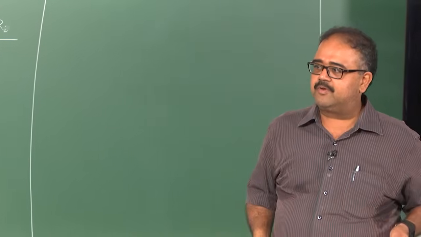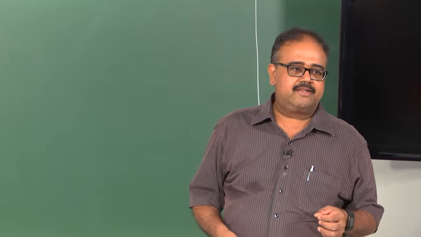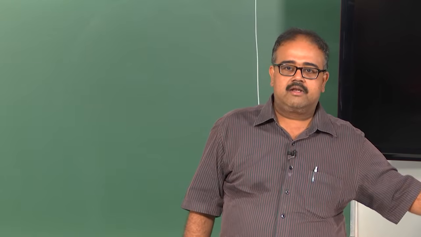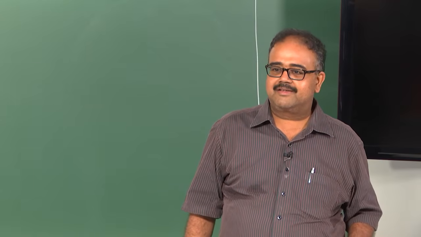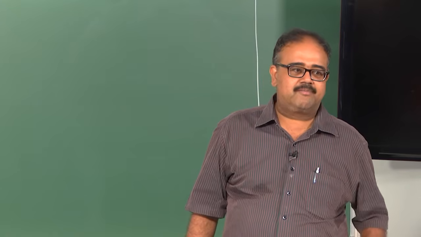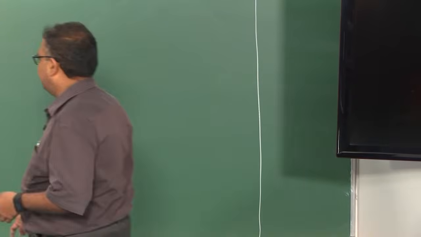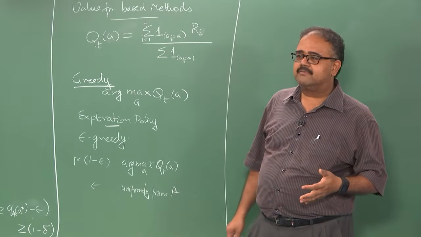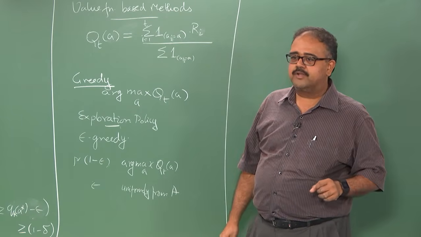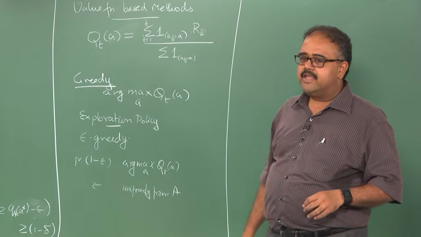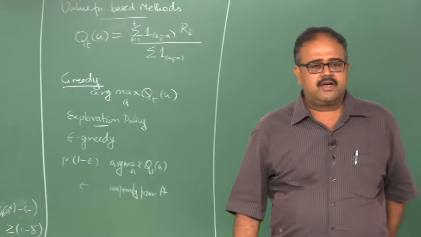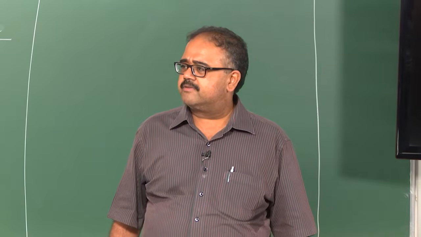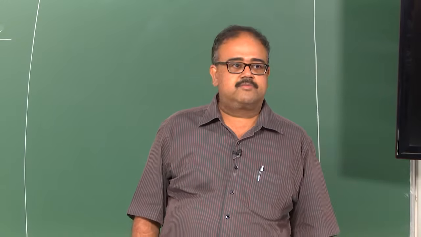So this is just a small nitpicking thing, but just remember that. So the probability of exploration is not epsilon, because I'm picking uniformly randomly. You could choose to say that I pick uniformly from A minus this argmax action. It doesn't make a difference, but I'm just pointing out that there is a small difference. So epsilon greedy is by far the most popular exploration strategy that people adopt.